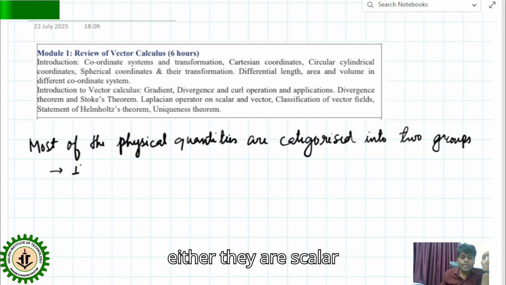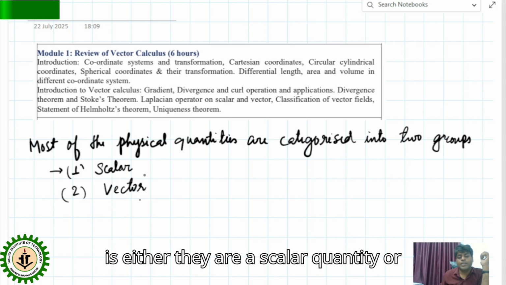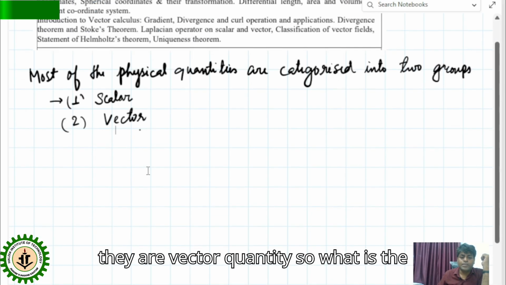Either they are scalar or they are vector. Means either they are scalar quantity or they are vector quantity.